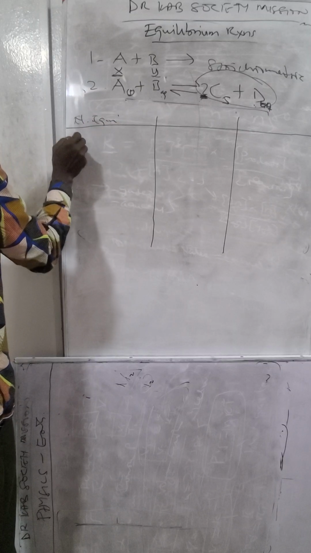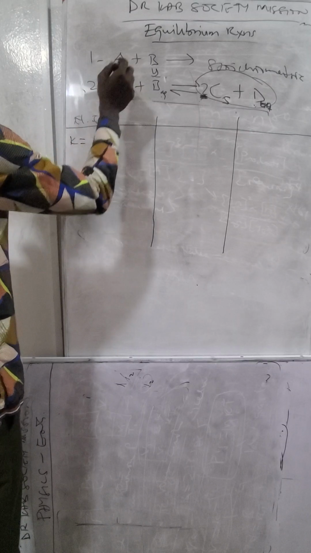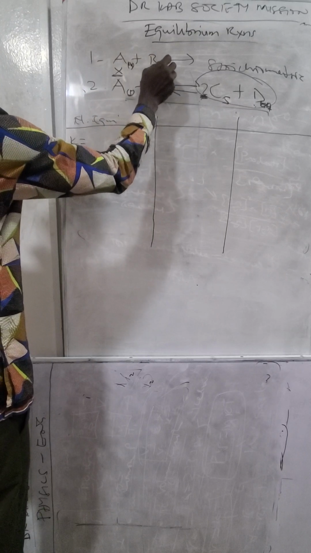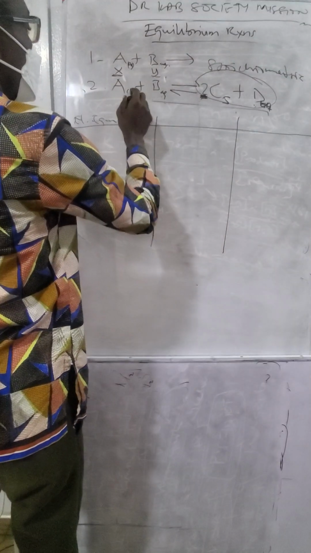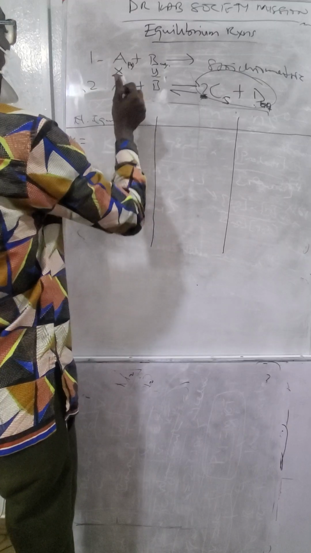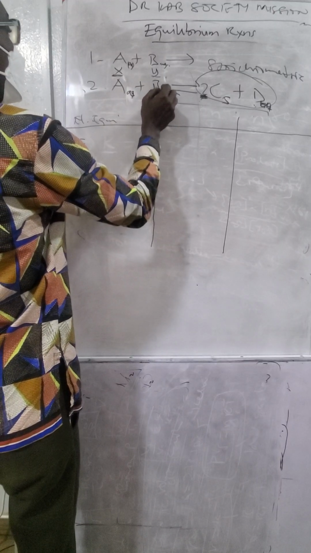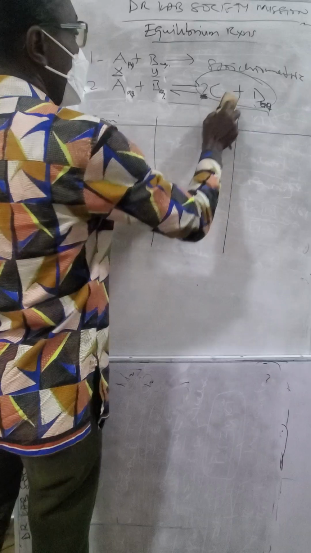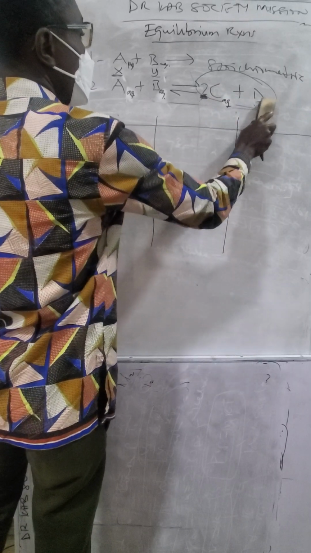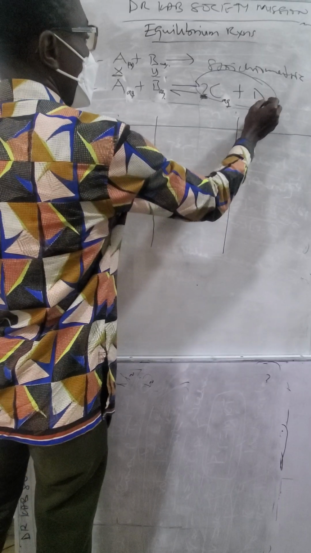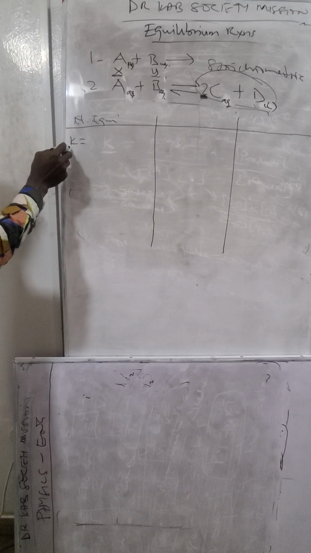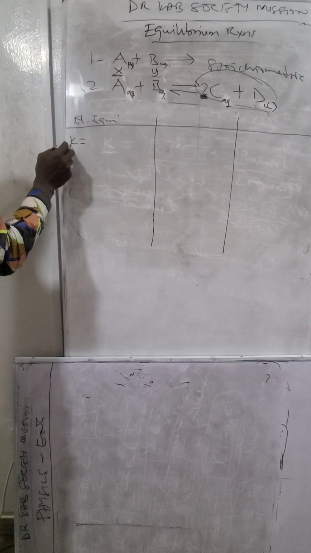Then K is equal to what? Let's say this is aqueous, this is aqueous, let's make this one also aqueous, and then this D, let's make it liquid.